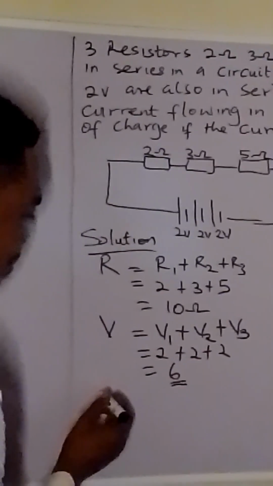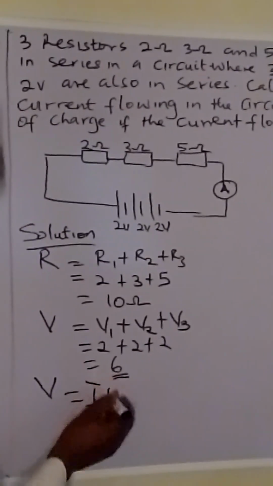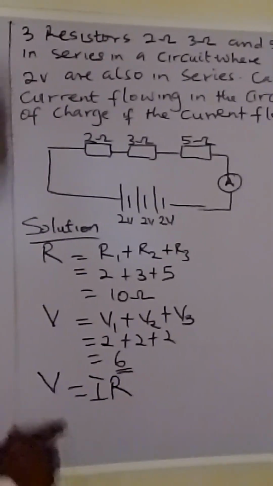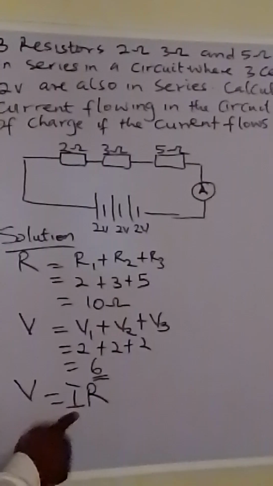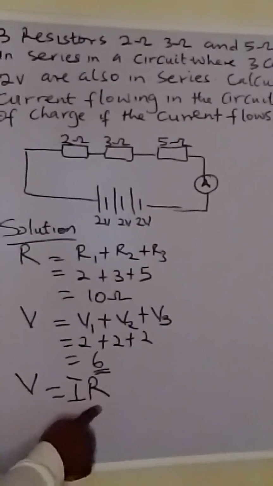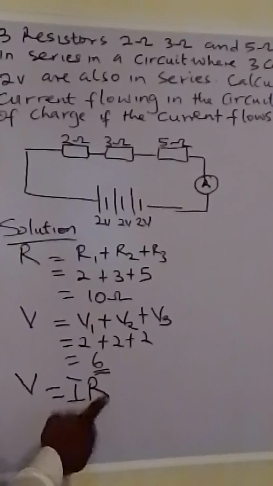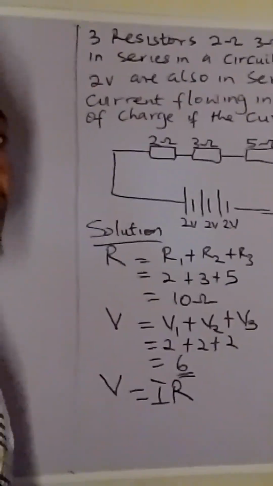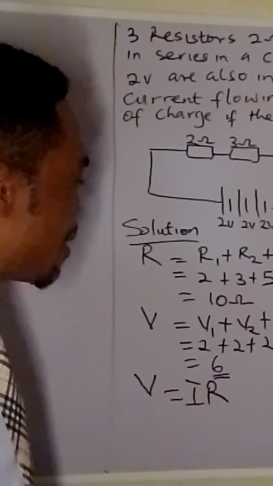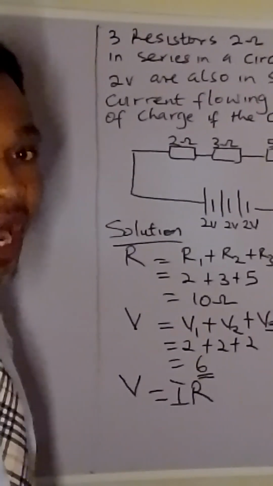And that is simply V is equal to IR, where V is the potential difference, I is the current, and R is the constant of proportionality, which is the resistance. So this equation is the mathematical representation of Ohm's law: V is equal to IR.